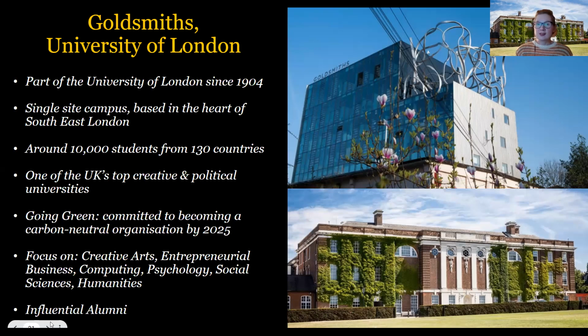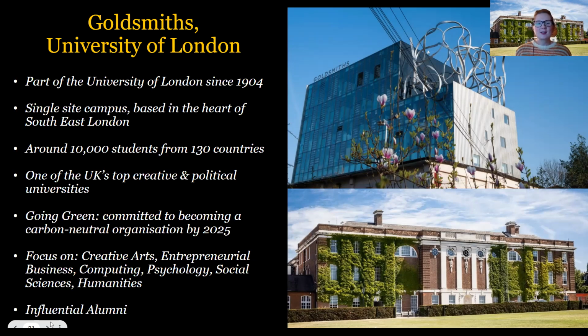And with our courses, as I said, we have a really big focus on the creative arts. So we have courses in art, in design, different media and communications courses, as well as performing arts. But we also offer other creative courses such as arts management and curating. So for example, if you want to get involved more in the creative industries, but perhaps not have that studio practice side, we do have that option as well.